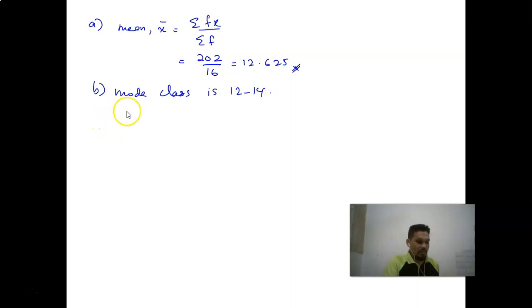Okay, so we list down here the mode equal to LKL, which is 11.5. Yes, 12 minus 0.5, 11.5. 12, the lowest class, minus 0.5 equal to 11.5. So 11.5 plus width, the difference.